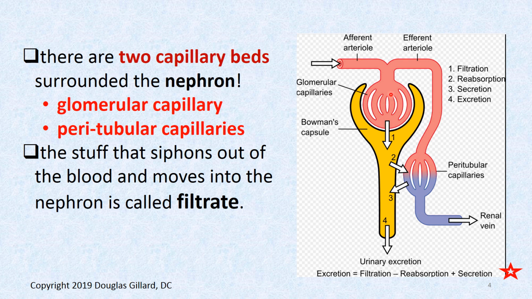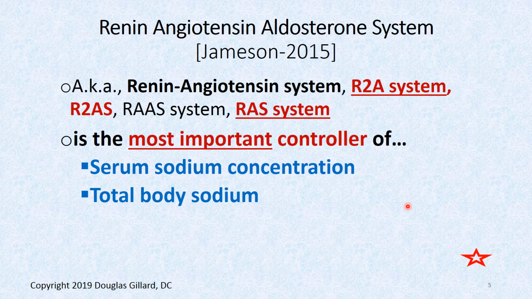Remember the juice that is squirted out from the blood is called the filtrate. Filtrate goes through the nephrons, and a lot of the water and the sodium are returned back to the blood. It has to flow through the interstitium into these capillary beds. We talked about the interstitium a little bit last time.